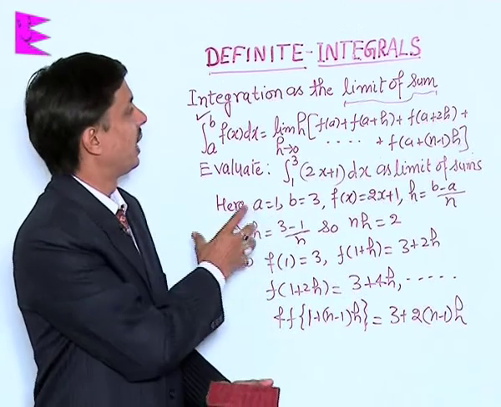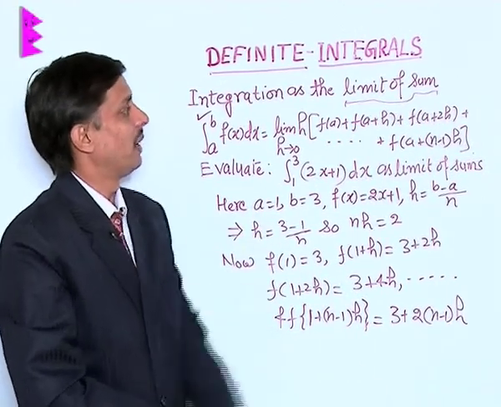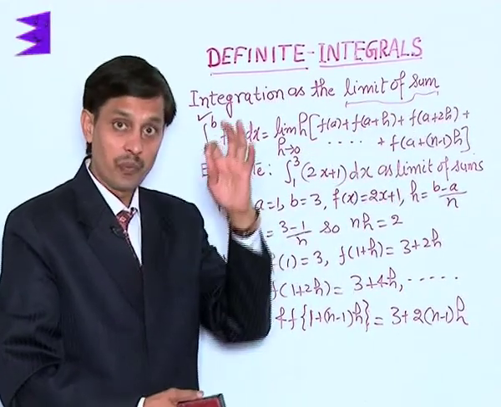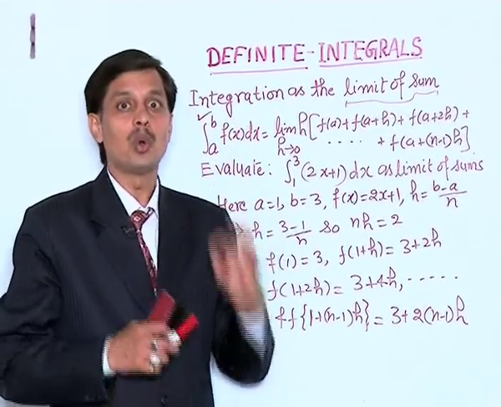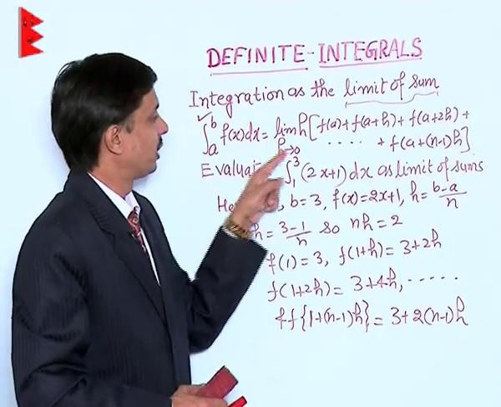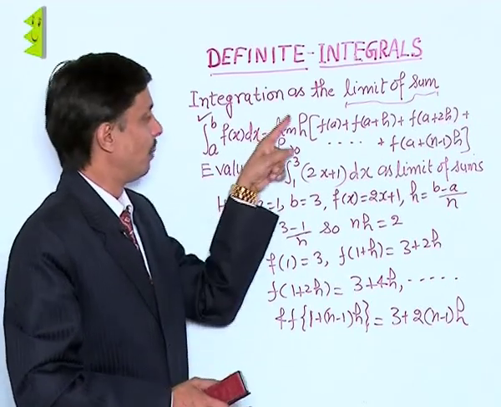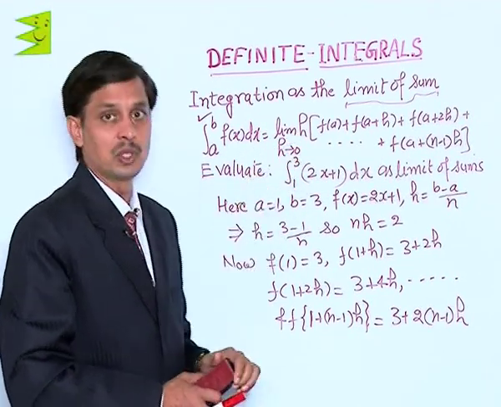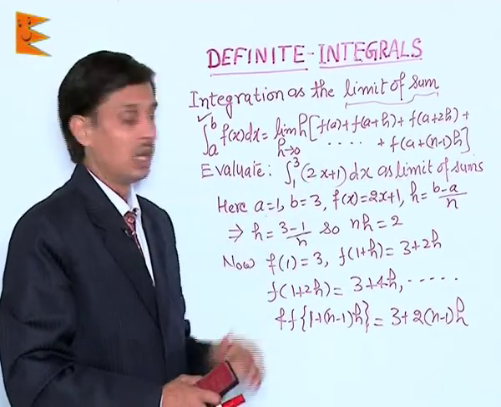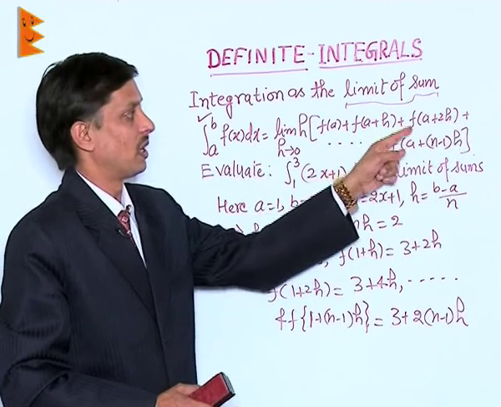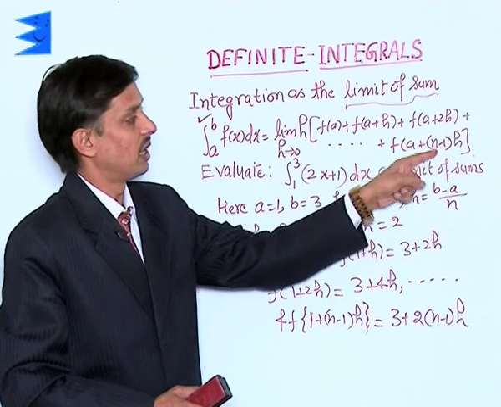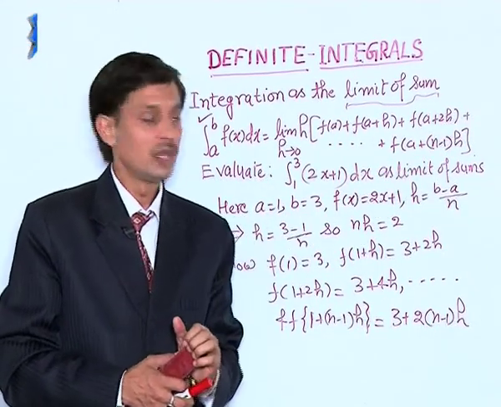But if we break it as per the requirement of the problem, limit of sum, then the result which you always need to register in your mind is: limit h tending to 0, h times f(a), that is the value of the function at the lower limit, plus f(a+h) plus f(a+2h) plus dot dot dot plus f(a+(n-1)h).